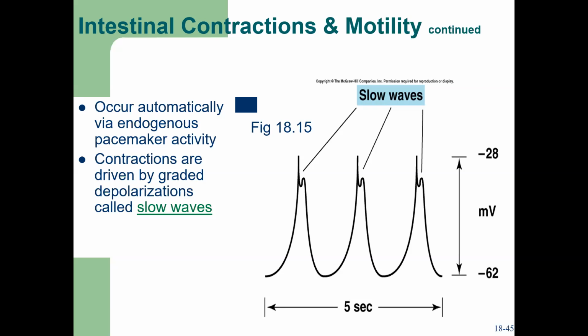These can be influenced by input from the sympathetic and parasympathetic nervous system. But the intrinsic capacity is not something that is caused by the sympathetic or parasympathetic nervous system. This is intrinsic to the interstitial cells of Cajal.